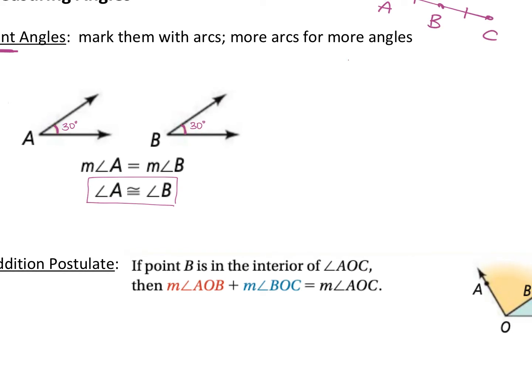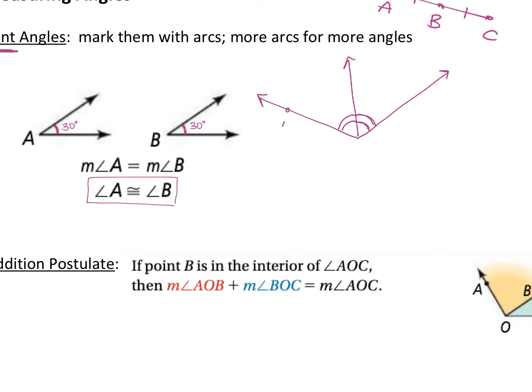All right, so let's do this. What if I give you this as a picture? Okay, two angles there, actually 3 angles there, but we're going to talk about 2. Those 2 angles with that double arc marking means those 2 angles are congruent.